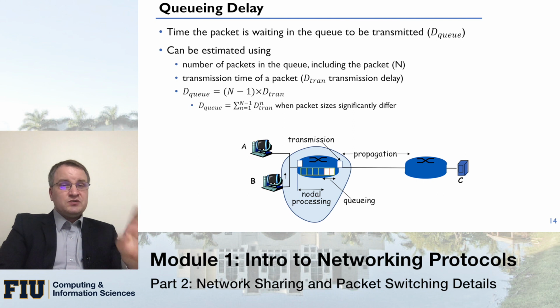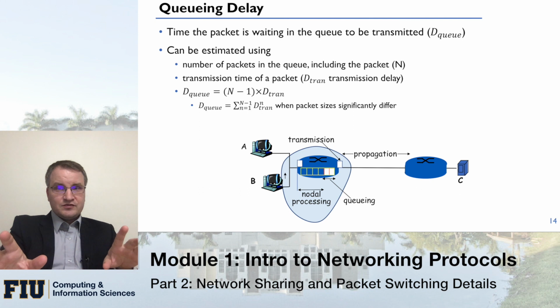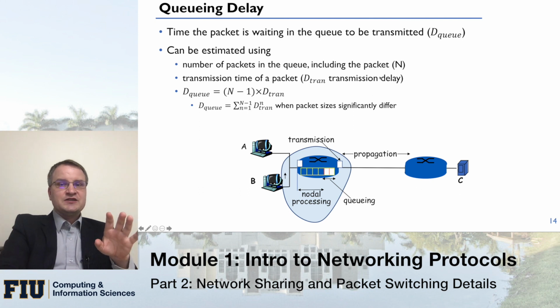Assuming a fixed size for the packet, you can easily calculate this delay from the transmission delay. It depends on how fast you can put the packet on a wire, meaning the bandwidth of this specific link, and the number of packets in the queue.